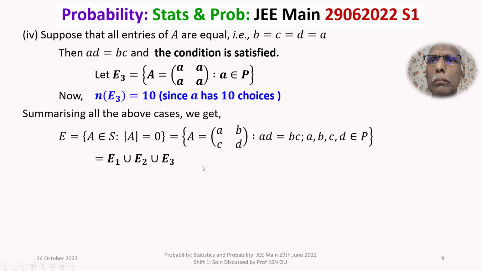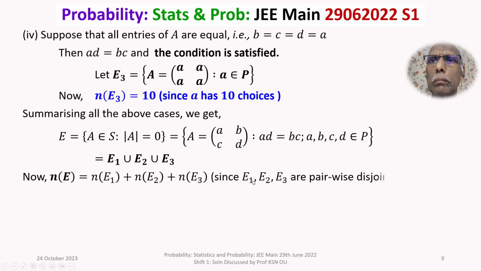So these are the cases we have enumerated. Note that E1, E2, E3 are pairwise disjoint. Therefore, N of E is equal to N of E1 plus N of E2 plus N of E3. N of E1 is 90, N of E2 is 90, N of E3 is 10, so 190.